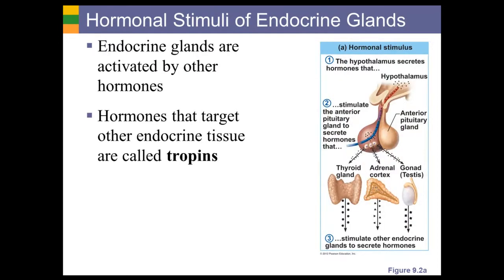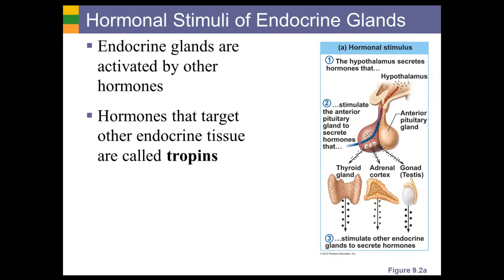Lastly are hormonal stimuli. Some hormones are released in response to changes in blood levels of other hormones. So one hormone actually causes release of other hormones. Here are some examples, and I give you these examples to help you understand, right?